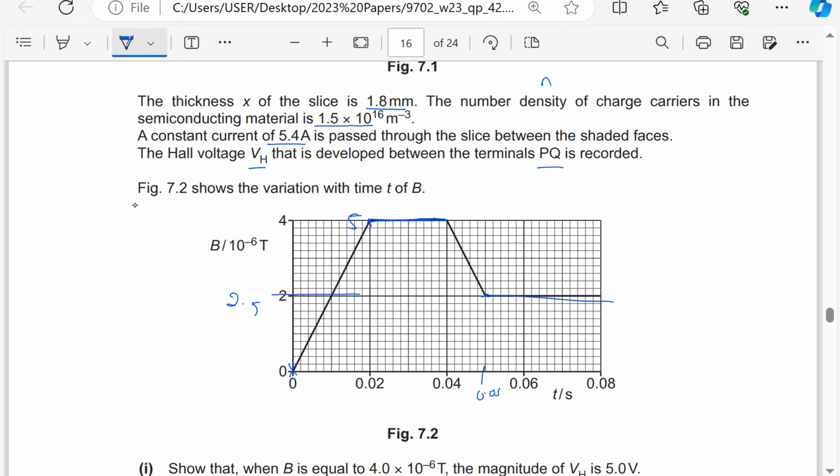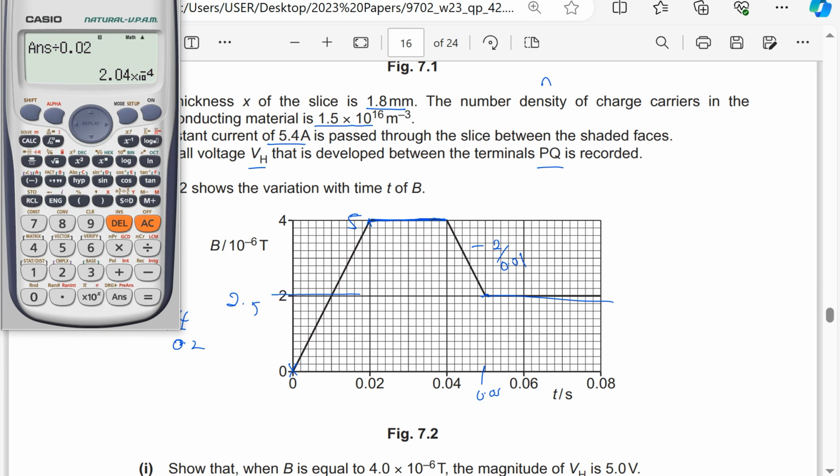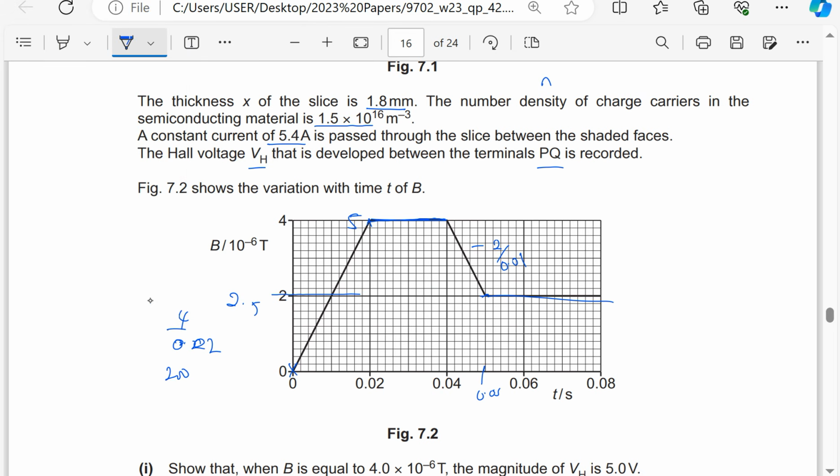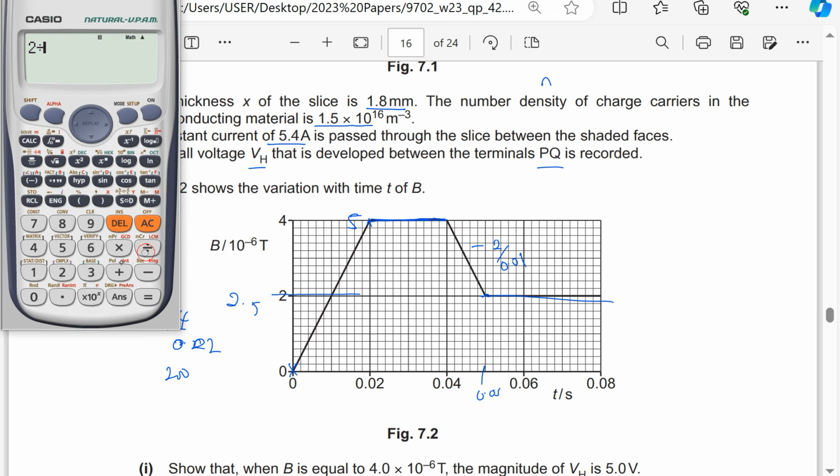This gradient is 4 divided by 0.02, that is 200, and the other one is 4 minus 2, which is 2, divided by 0.01.